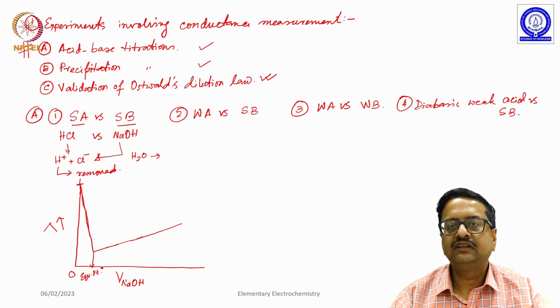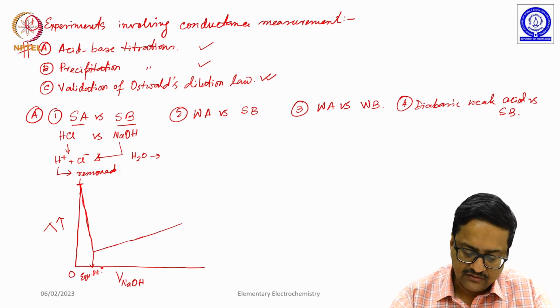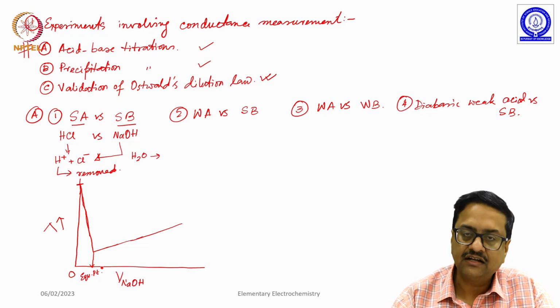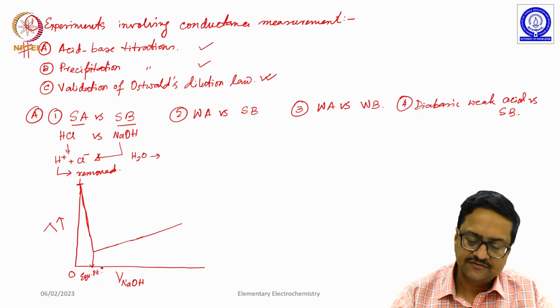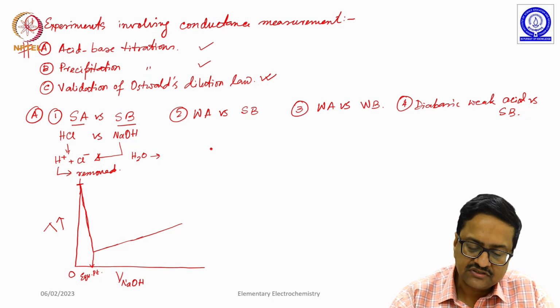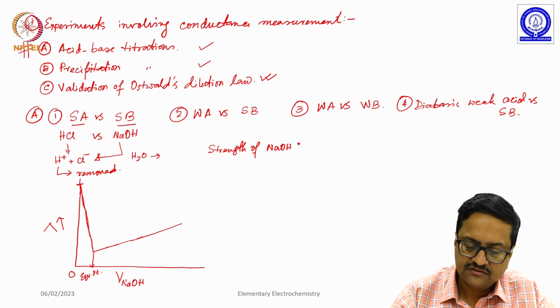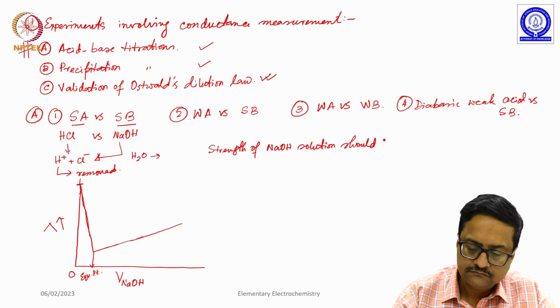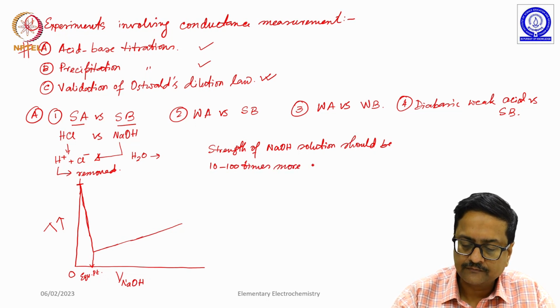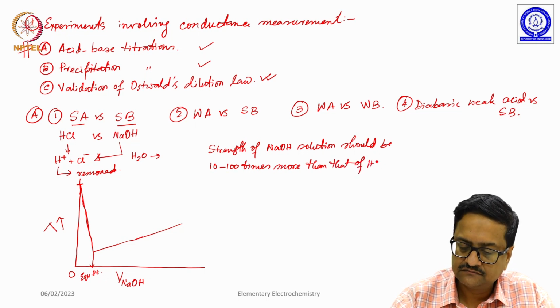Now, to be able to do this experiment successfully and without incorporating much error, we need to remember a few things. The first and most important point is that the strength of the NaOH solution should be 10 to 100 times more than that of the HCl solution.